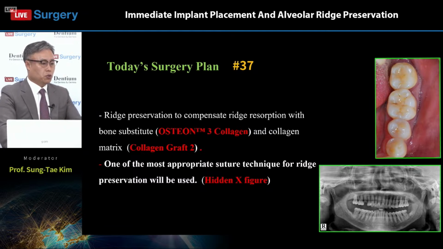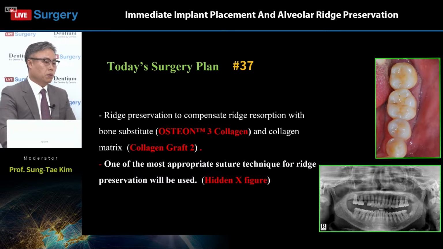One of the most appropriate suture techniques will be used. I think his favorite suture is the hidden X suture. I think the matrix suture and the X figure suture are very good for the ridge preservation technique, because one of the reasons for doing this kind of suture is securing the bone graft and matrix in position, which means we have to prevent particle dissipation, or the matrix has to be in position for the initial healing period.